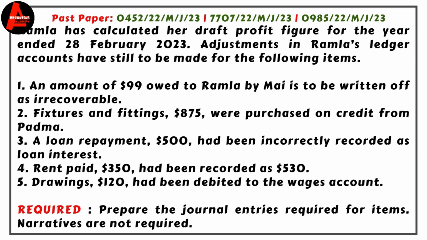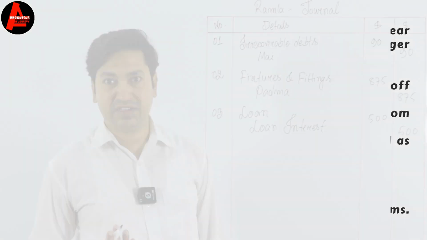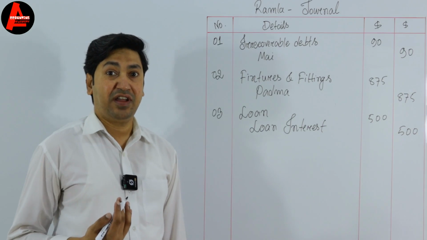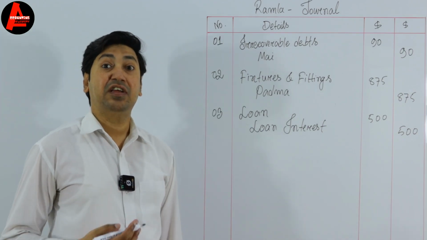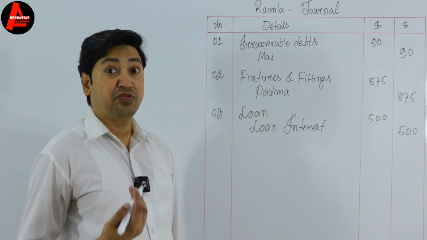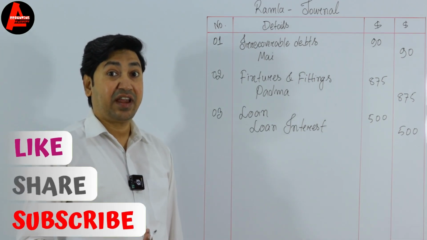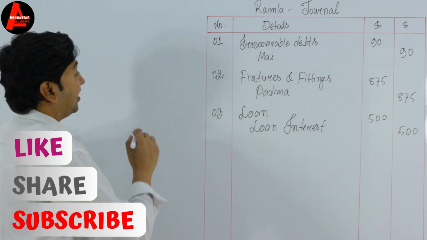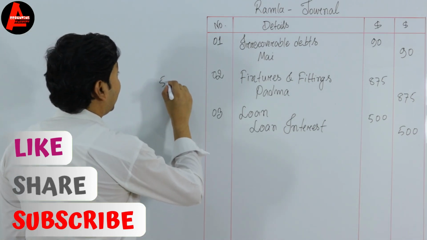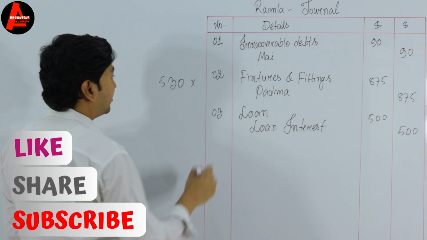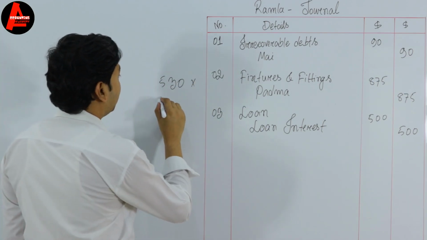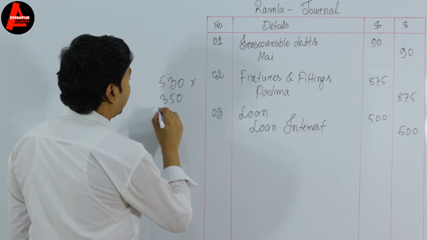Next we have number 4, rent paid $350 had been recorded as $530. Rent paid, it is an expense, right? So expense is always debited. Here the rent amount should be 350, but mistakenly it is written as 530. So 530 is the wrong amount. The correct amount is 350.